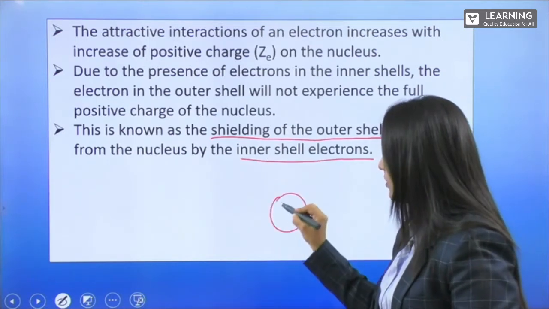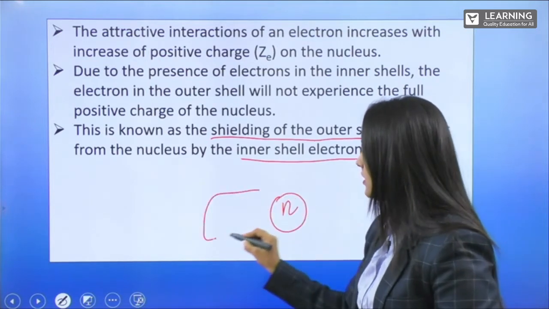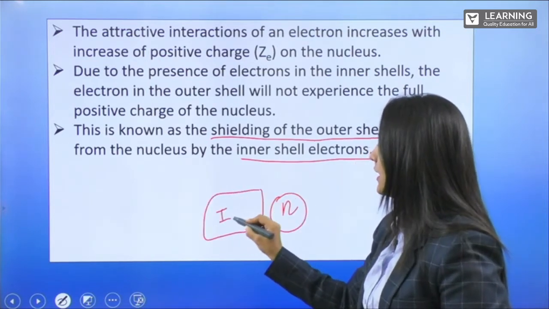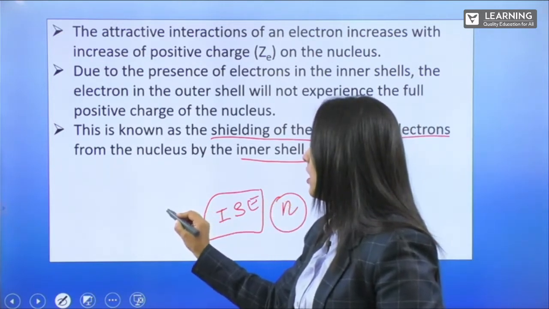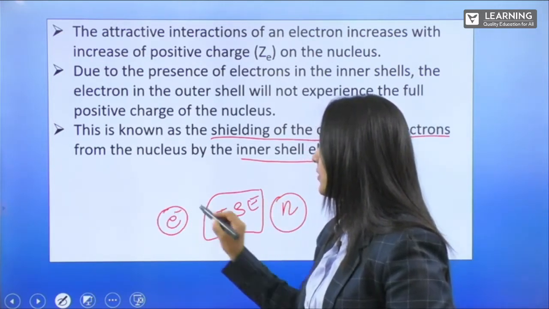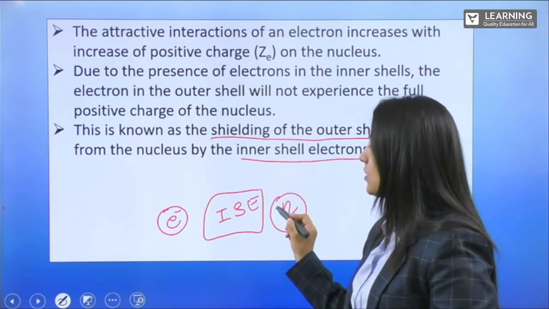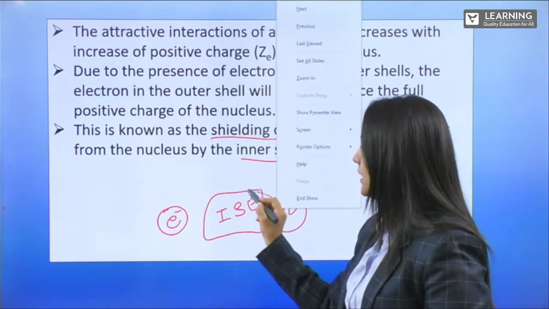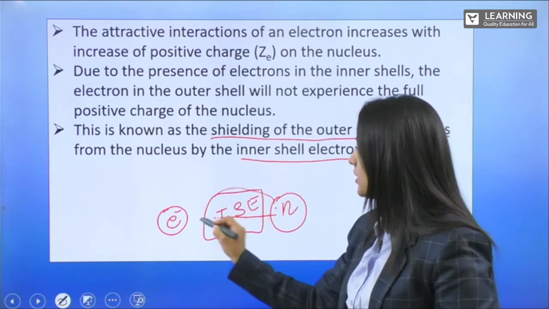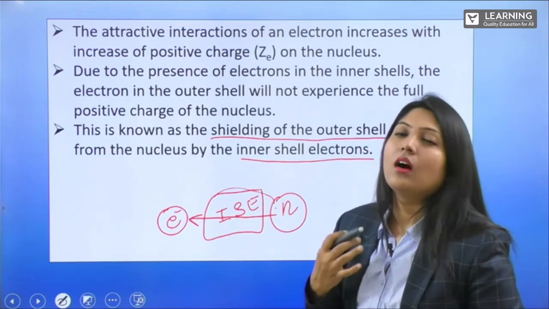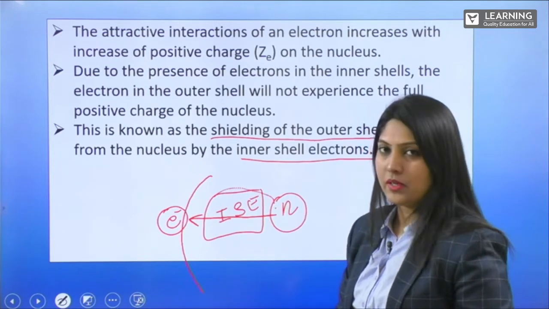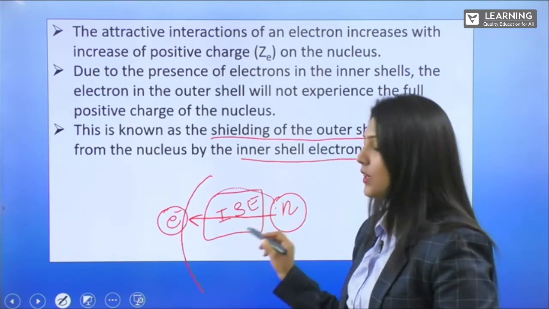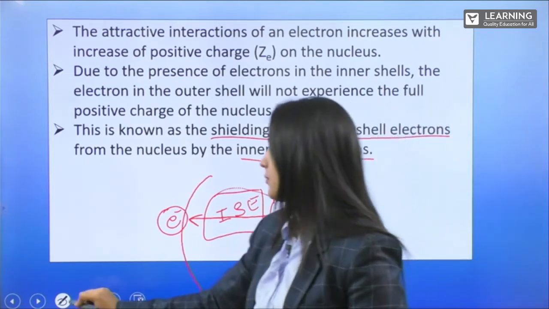So we have the nucleus, we have the inner shell electrons here, and here we have the outermost electron, such that it is not getting complete attraction from the nucleus to this outermost orbit because of the presence of inner shell electrons.